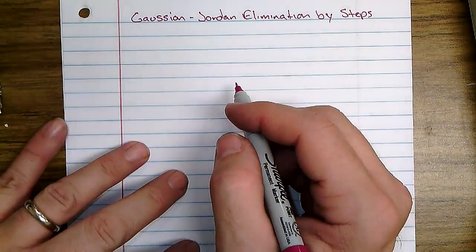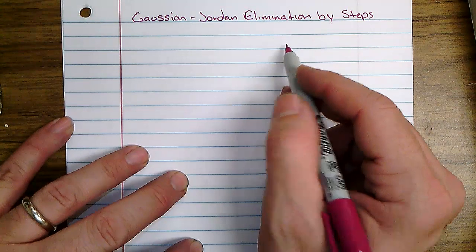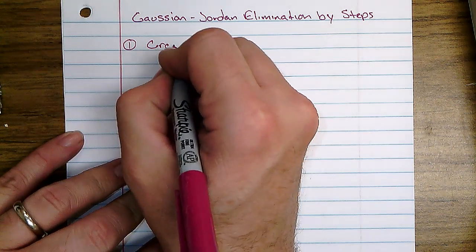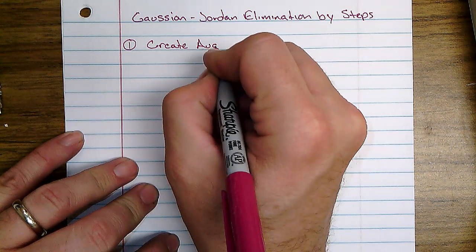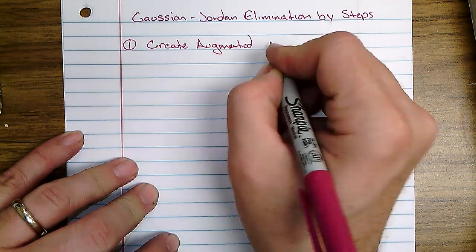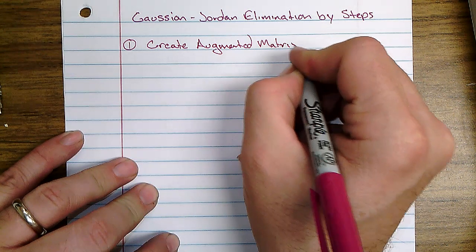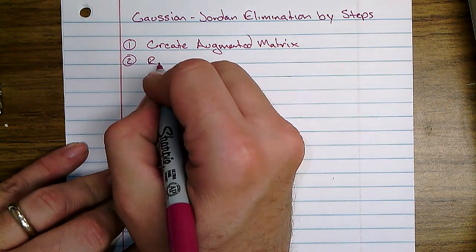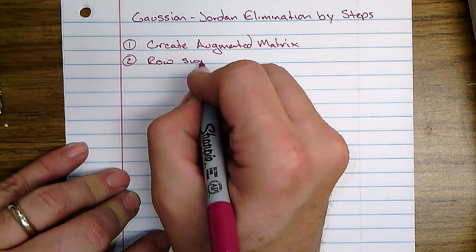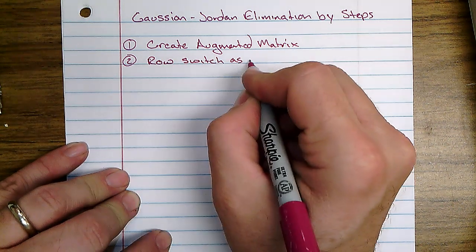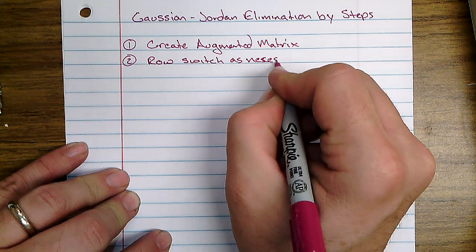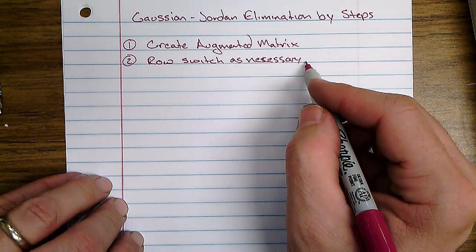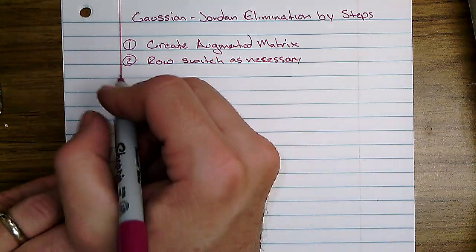Okay, so to break down Gauss-Jordan elimination by steps: step 1, we create our augmented matrix. Step 2, we row switch as necessary, just to rearrange if any of the equations are more suitable in another location.